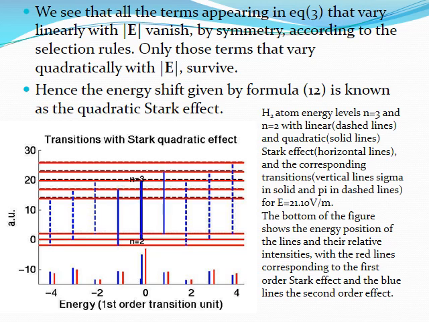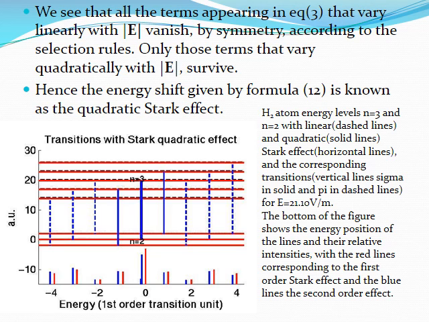it is shown that for the hydrogen atom energy levels n = 3 and n = 2, the linear Stark effect is represented by dashed lines and the quadratic by solid lines, with the Stark effect represented by horizontal lines, and the corresponding transitions, that is vertical lines, are sigma in solid and pi in dashed lines for an electric field value of 21.1 volt per meter.